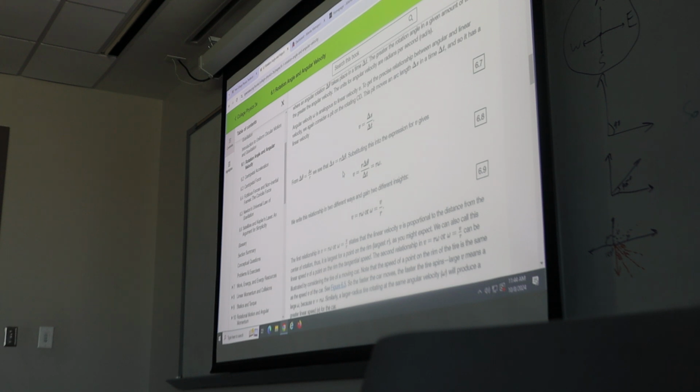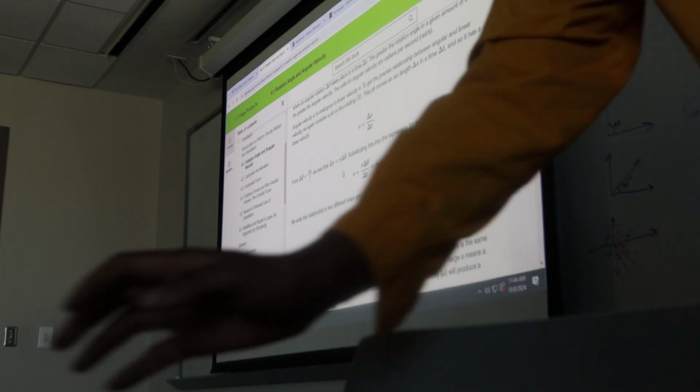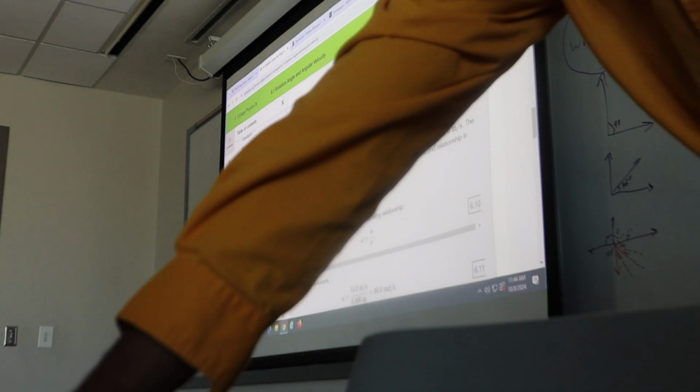So that's why we have a linear velocity as well. Because I have a velocity keeping me on the path of that angle, so that's angular velocity. And then I also have a linear velocity.